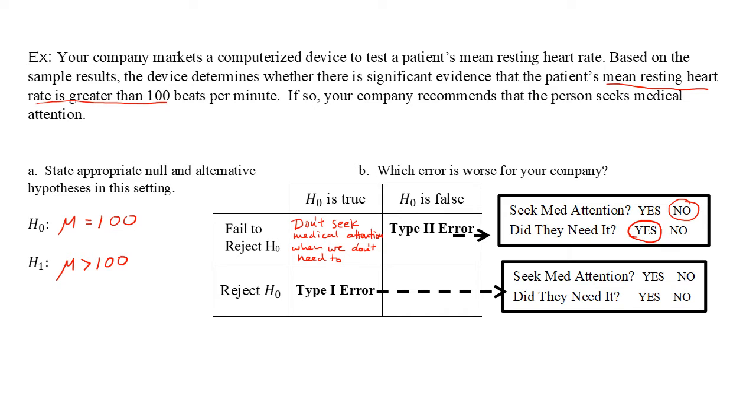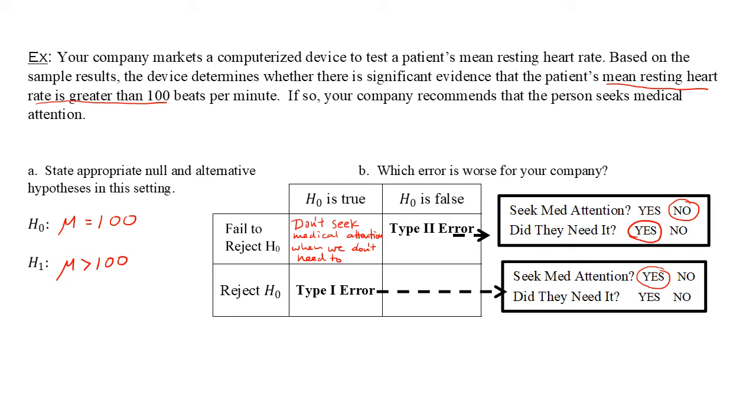So what about the type 1 error in this case, where we reject the null hypothesis, but the null hypothesis is true? In this kind of error, we would be told to seek medical attention because we're rejecting the null hypothesis, and since we're rejecting it, we're supporting the alternative.